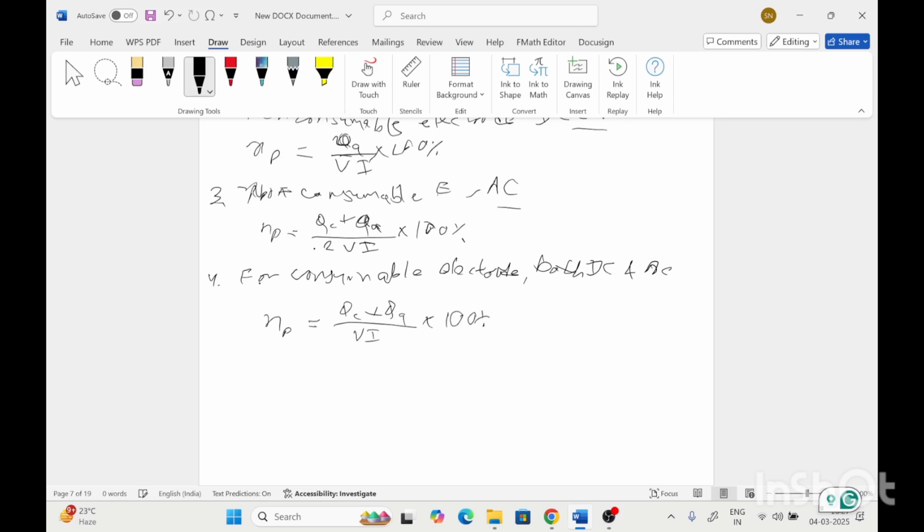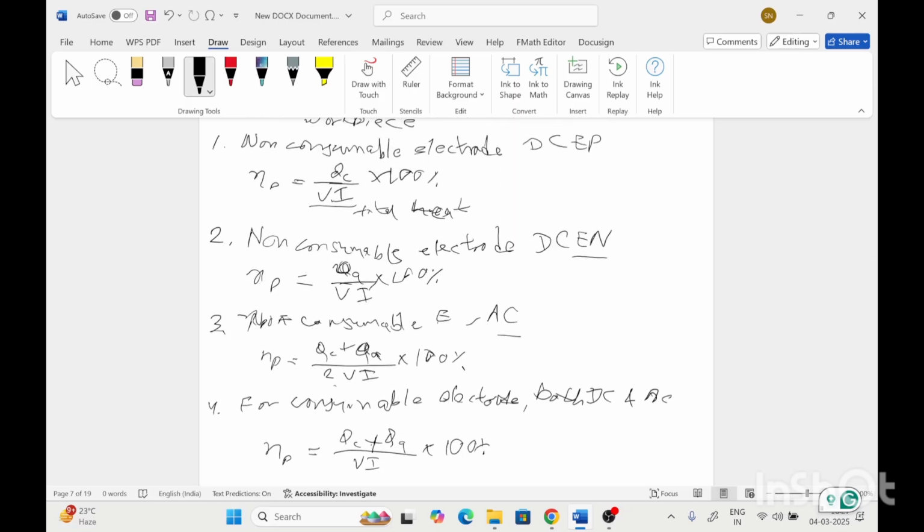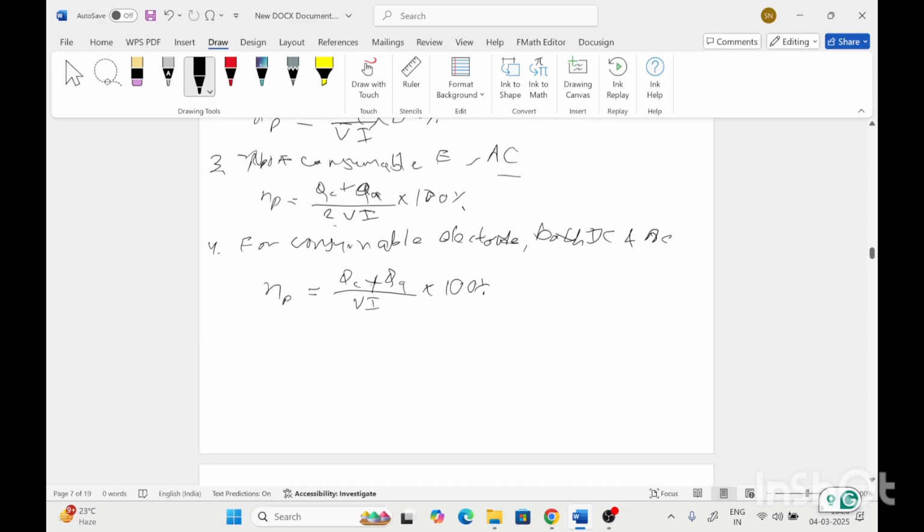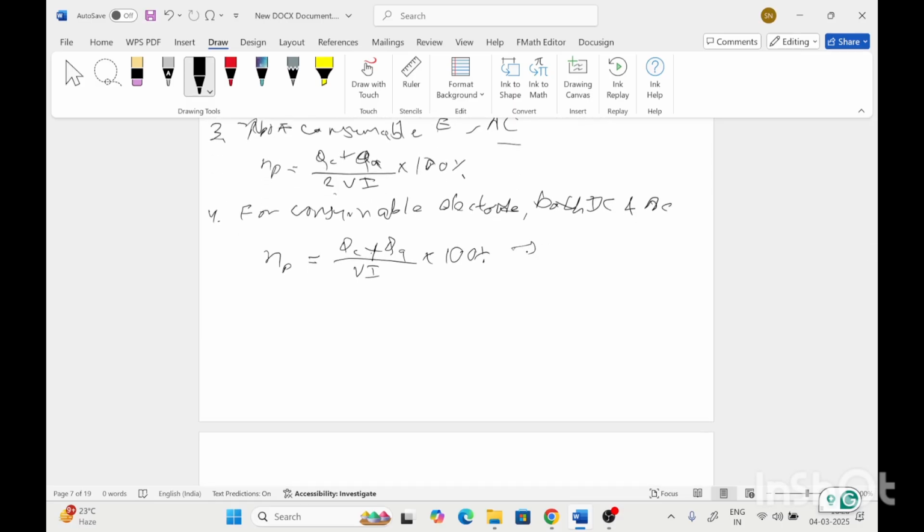So if we compare these two equations, this one is the average, but this is just the addition. So the heat efficiency of the consumable electrode in both DC and AC currents will be the highest of all cases, higher than the non-consumable electrode. So this is the most efficient. And as it is a consumable electrode, the polarity will be electropositive.